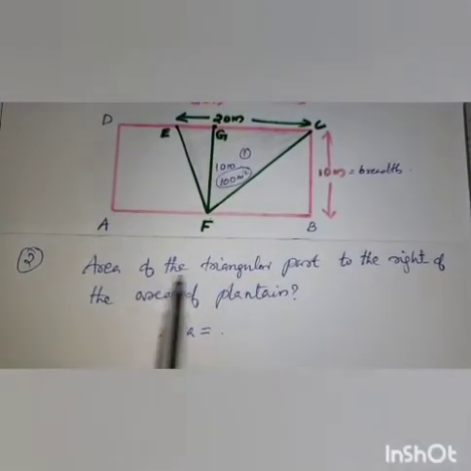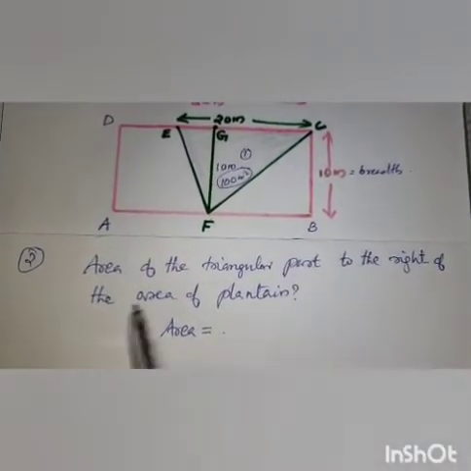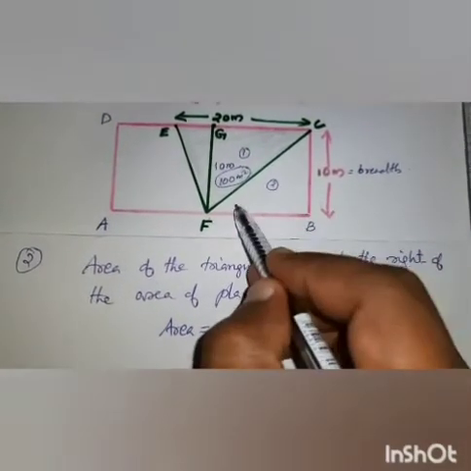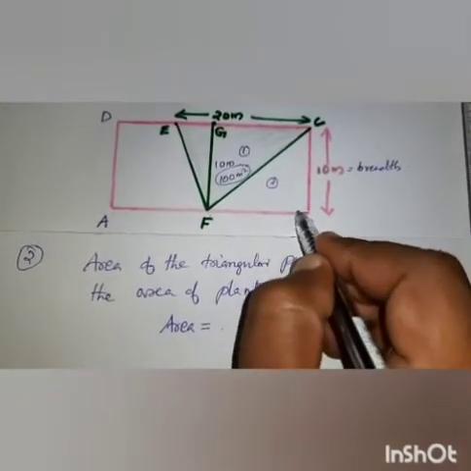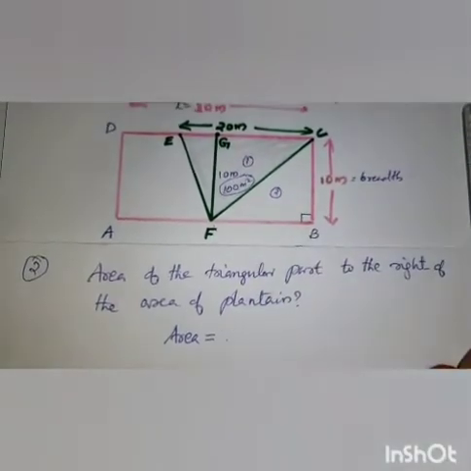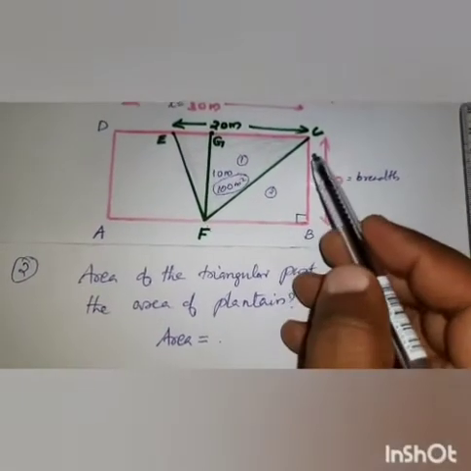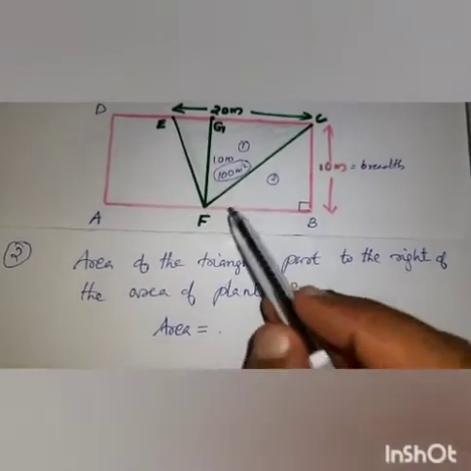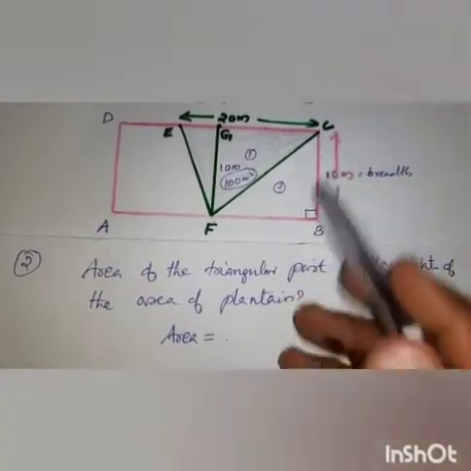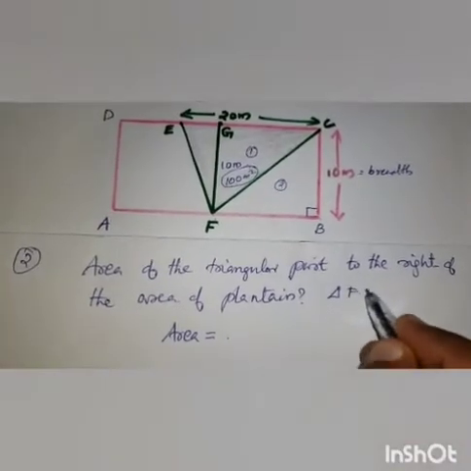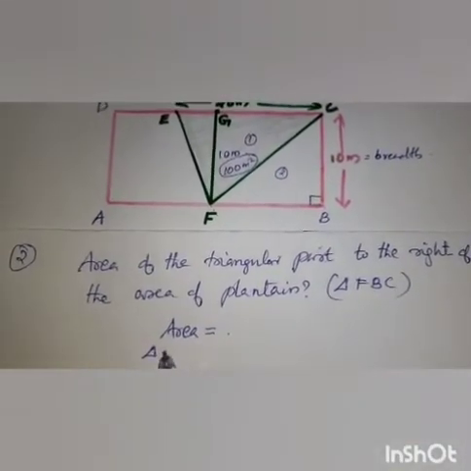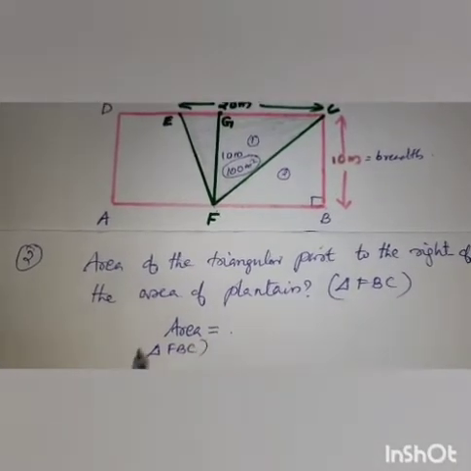Next one, the area of the triangular part to the right of the plantain. So that is the second portion. This portion we have to find out the area. Here this is the right angle triangle. You can call it triangle FBC. We have to find out the area of triangle FBC.